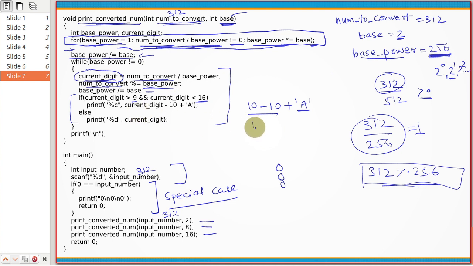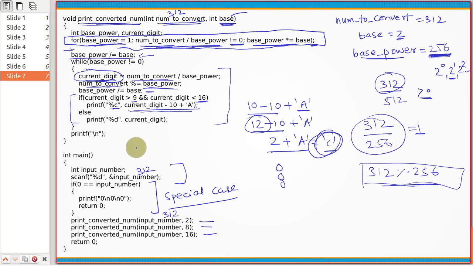But if the current digit was 12, then it will do current digit minus 10 plus ASCII value of a. The answer of this is 2 plus ASCII value of a, so this will result in C, right? It will print C in that case, which is what we want, because 12 is equivalent to C. You can wrap your head around this and you will get what is going on.